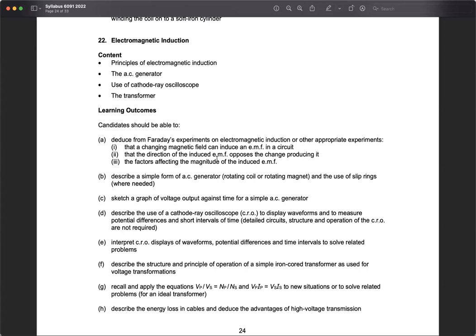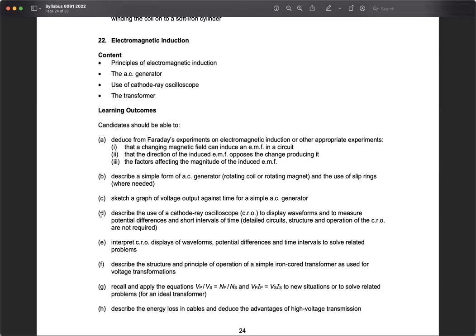The direction of the induced EMF opposes the change producing it, and you need to know the factors affecting the magnitude of the induced EMF. Number two, describe a simple form of AC generator and the use of slip rings when needed. Number three, sketch a graph of voltage output against time for a simple AC generator.